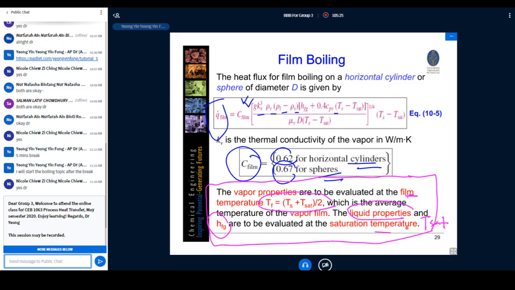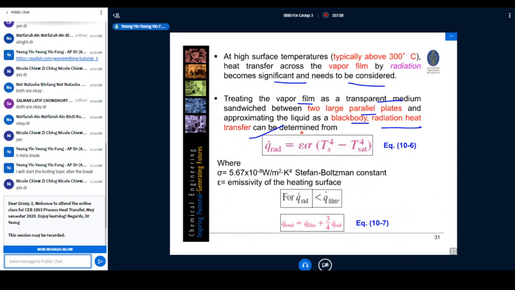Treating the Weber film as a transparent medium sandwiched between two large parallel plates and approximating the liquid as a black body, radiation heat transfer can be represented by equation 10(6). Again, this equation is not new to you all. So here, the sigma is Stefan-Boltzmann, students, no longer surface tension.